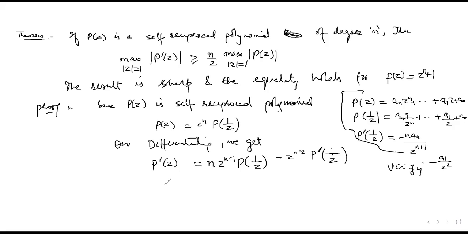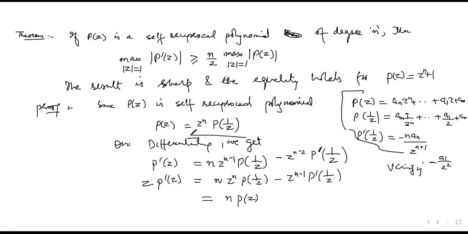But if I multiply both sides by z, we would have z into p dash z is equal to n into z raised power n p of 1 by z minus z raised power n minus 1 into p dash of 1 by z. Which is the same thing as n times p of z, because it is a self-reciprocal polynomial.